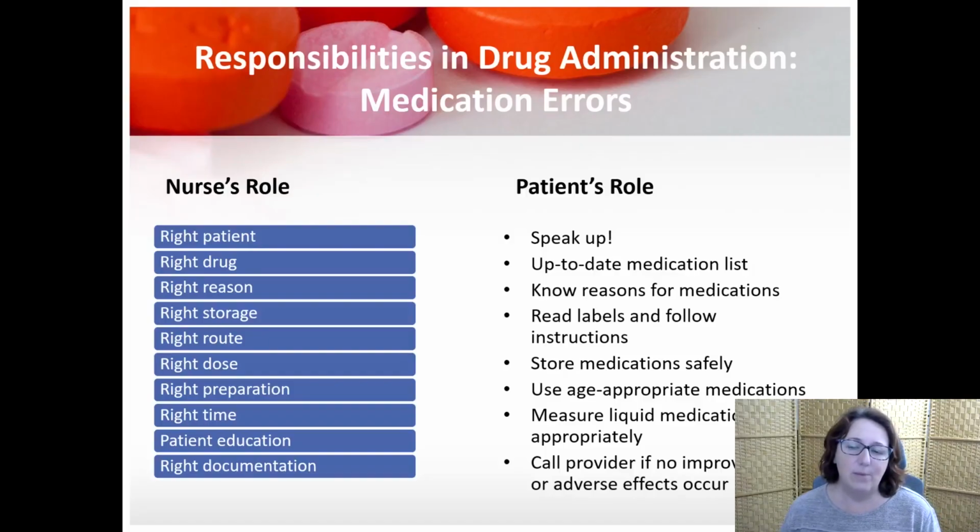They want to measure liquid medications using appropriately marked devices like medicine cups or syringes versus kitchen spoons, and certainly not guessing or just estimating. They should speak up if they are unsure of something or if something doesn't seem correct, and they should call the provider if no improvement or adverse effects occur.